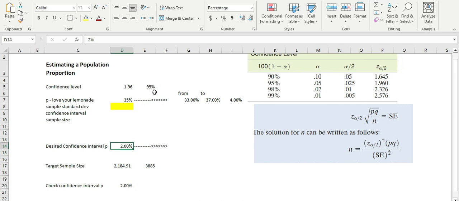So you will decrease your desired level of confidence. At 3%, it's 971; 4%, 546; 5%, 349. Most of the studies conducted have a sample size of about 350.